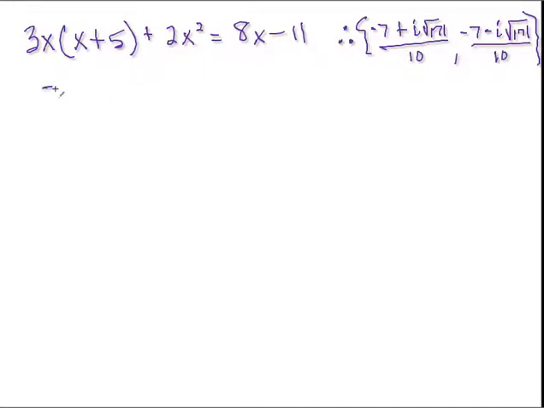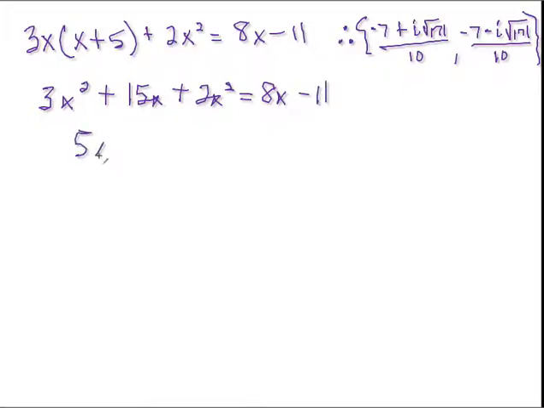So I'll make this 3x squared plus 15x plus 2x squared equals 8x minus 11, and I'll combine this to 5x squared. Again, we've already done this. 15x minus 8x is going to be plus 7x, and this is going to equal negative 11.